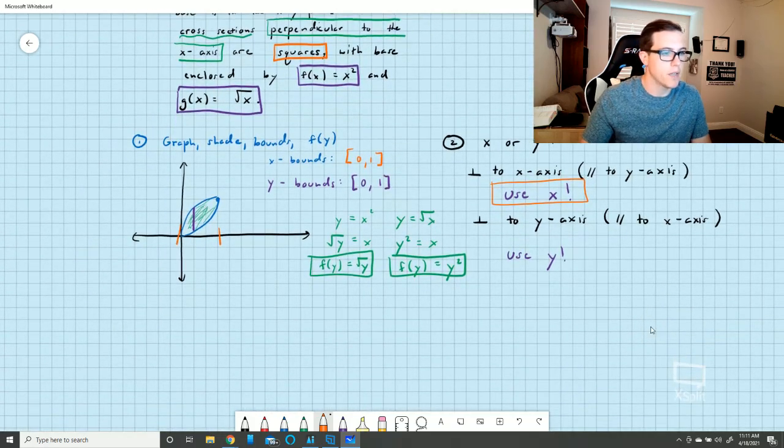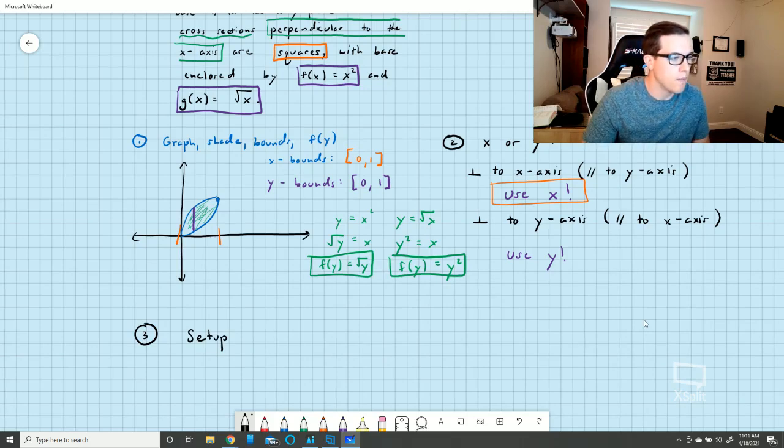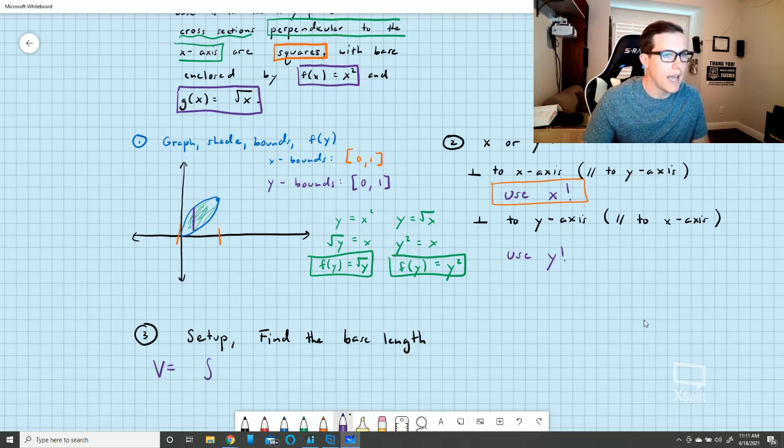Next, begin your setup. So step 3 is going to be your setup. And then also, we're going to find the base length. So our setup is an integral. We're using x's in this case.